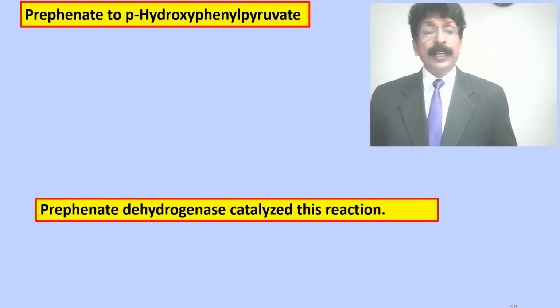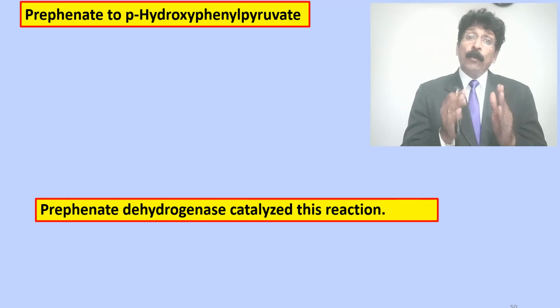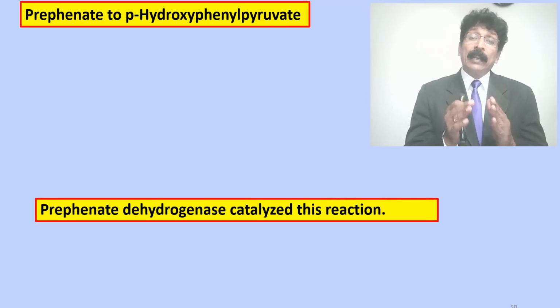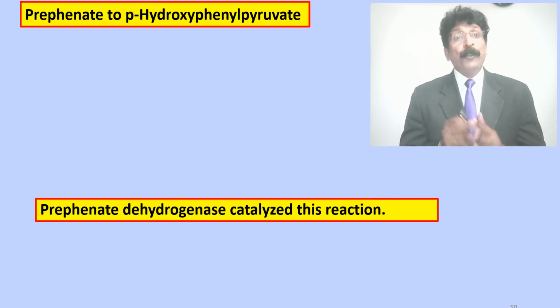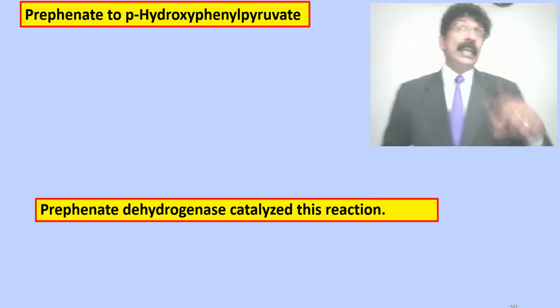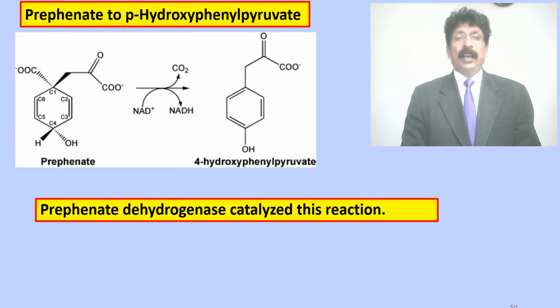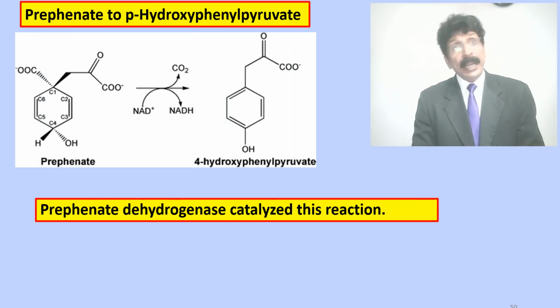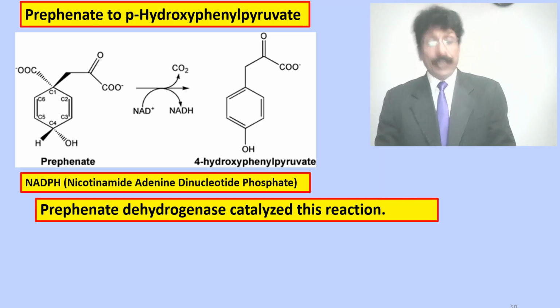So here the phenyl group is getting attached with a hydroxyl group in the para position. So prephenate dehydrogenase catalyzes this reaction. Here dehydrogenase, and as well as NAD and NADH, or NADP also is possible, NADPH.